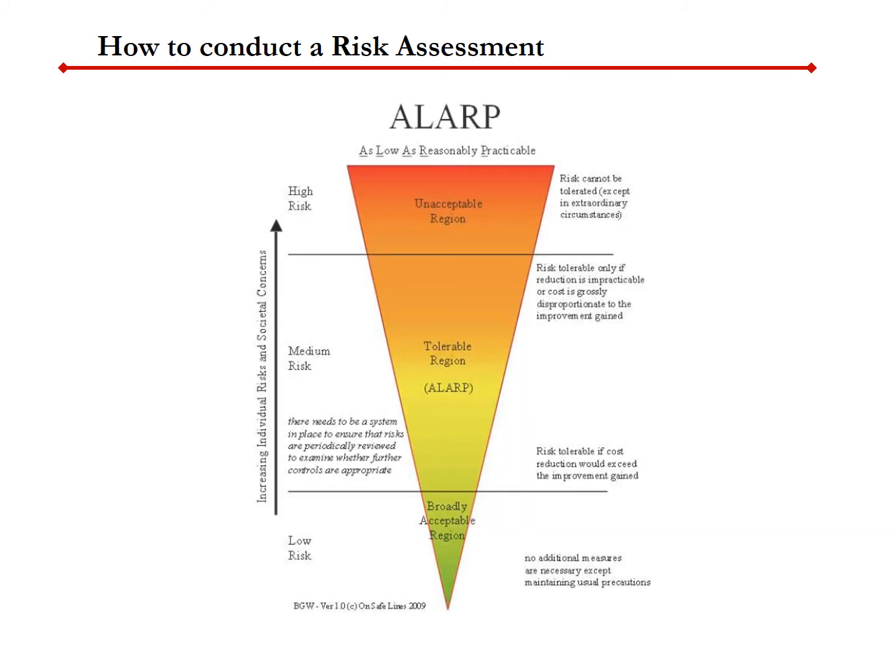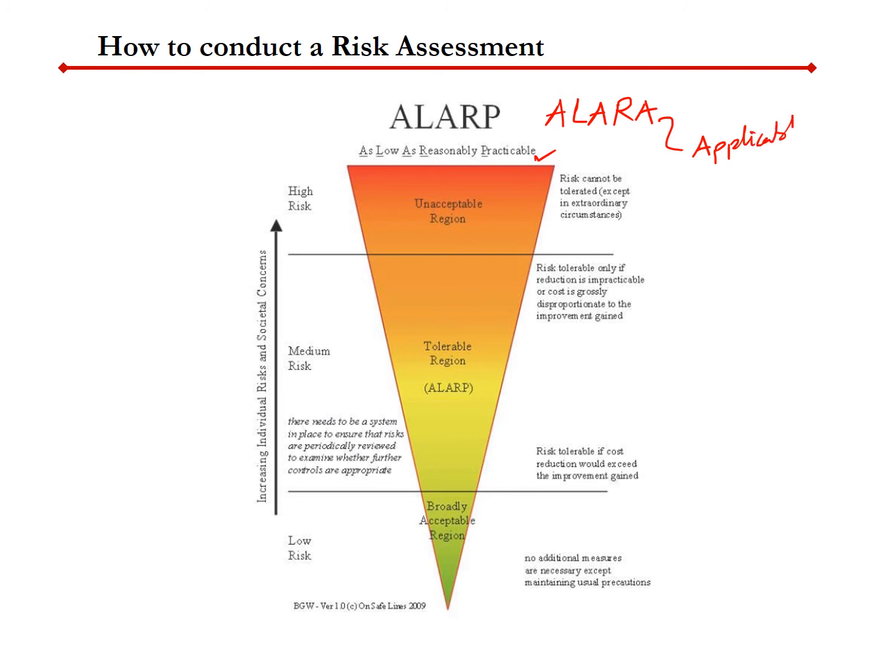Now, in controlling the risk, we have a principle called ALARP or ALARA. You can call it ALARP or ALARA, and it means as low as reasonably practicable, or applicable, or allowable, probably.